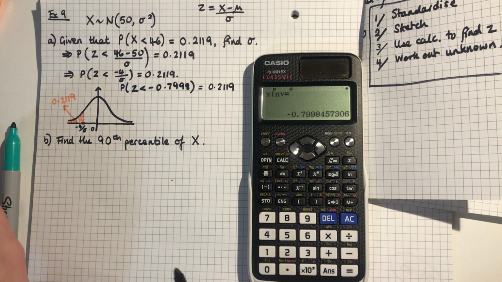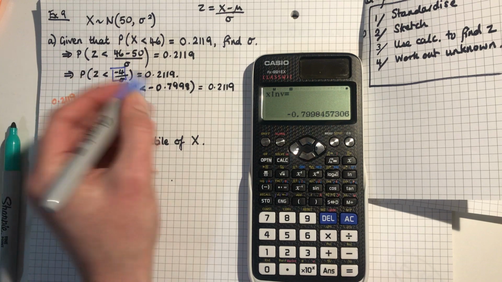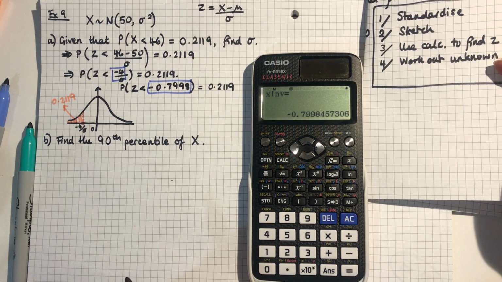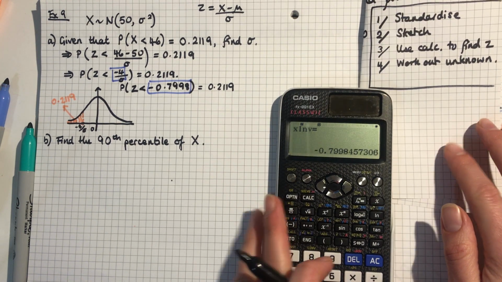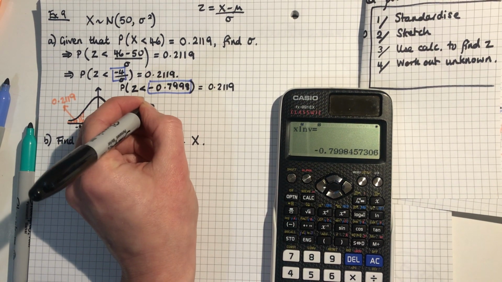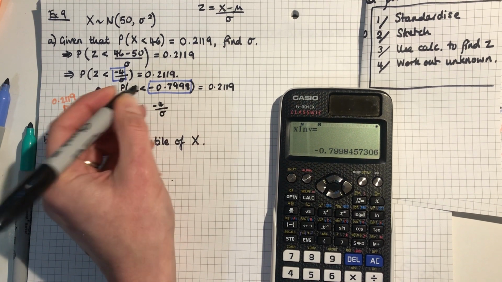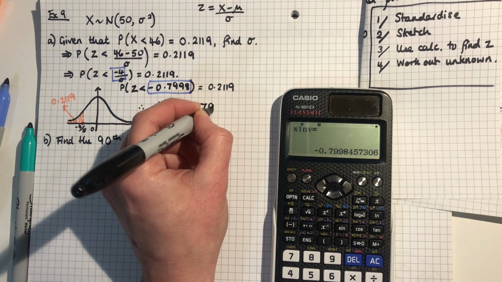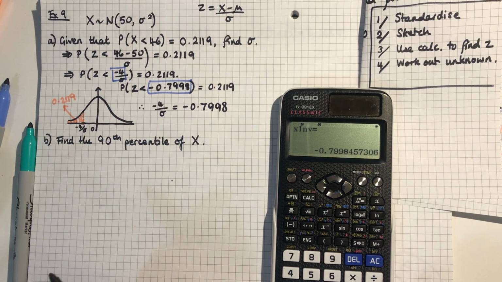So now what we're going to do is take my minus 4 over sigma and this number, and equate them to work out our unknown. So we'll write out the equation we're solving. Minus 4 over sigma equals minus 0.7998.